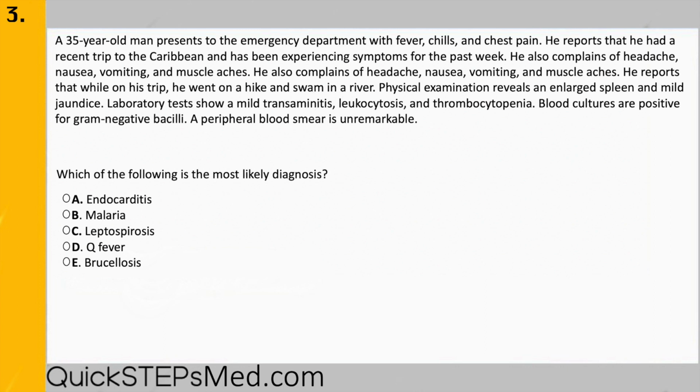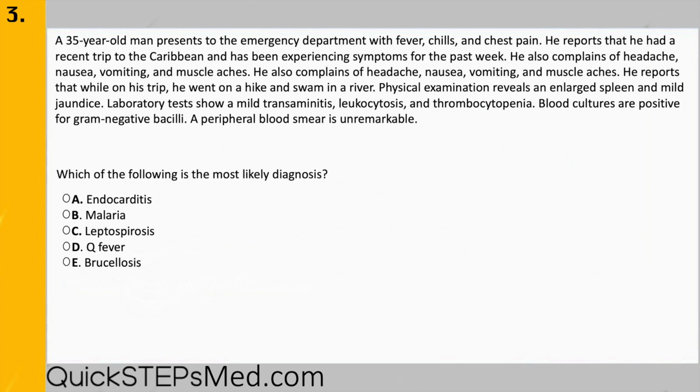Malaria can affect both the liver and the spleen, can definitely affect the platelets, can cause jaundice, headaches, fevers, chills, muscle aches, all this stuff. But when you think of malaria, would blood cultures be positive typically? No, and we wouldn't be seeing gram-negative bacilli typically on those blood cultures. Instead, we would see on a peripheral smear some form of parasite.